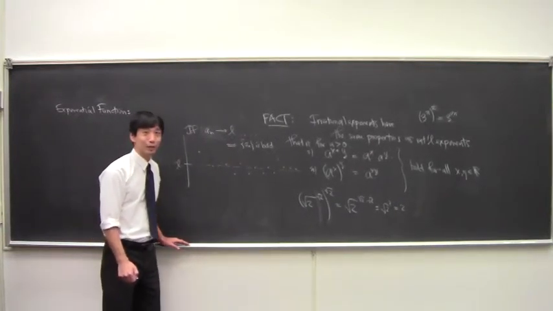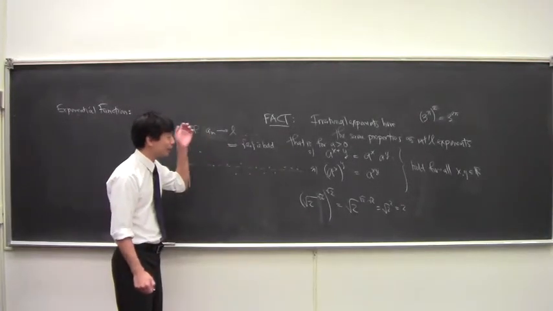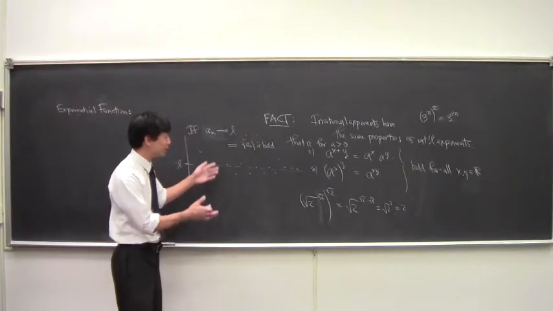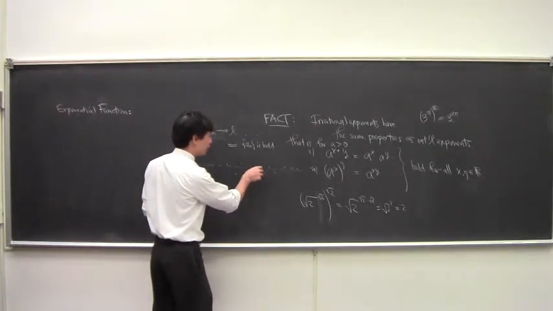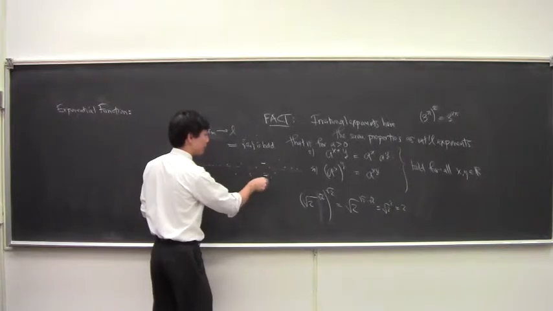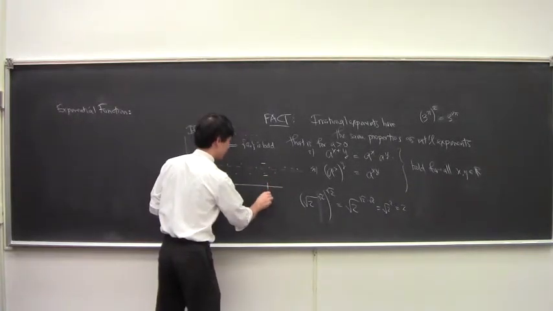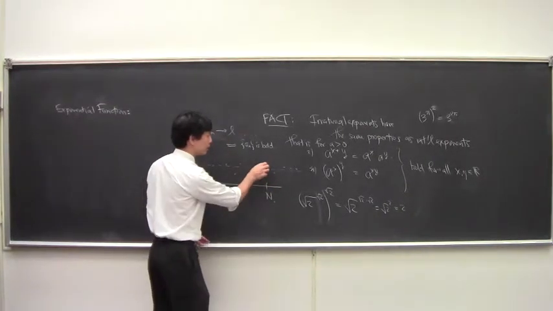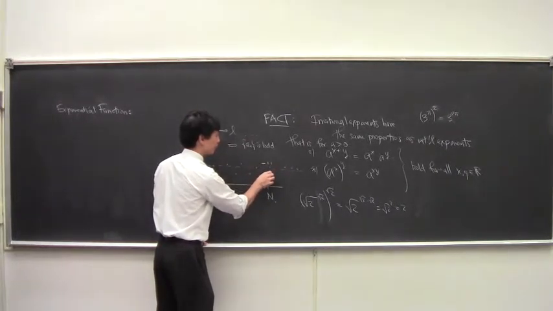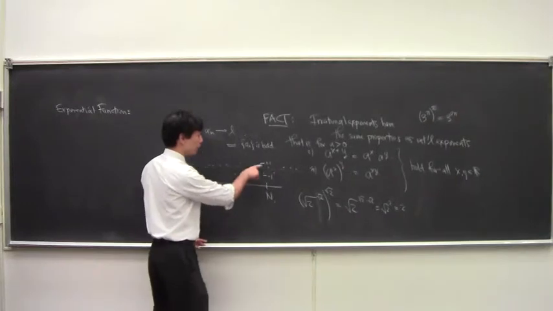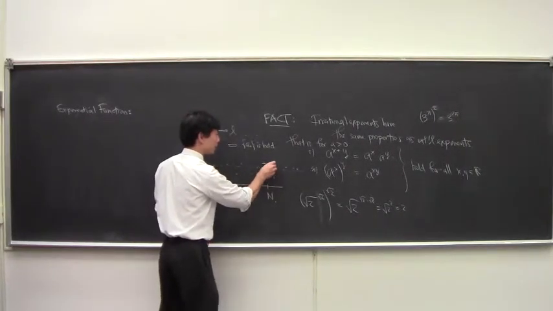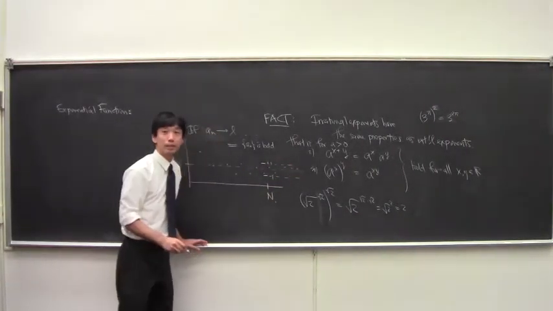Okay, here's how one explains it using definitions. You say, I can find a time past which everybody is within plus or minus 1 of L. So past this point, everybody is within plus or minus 1 of L.